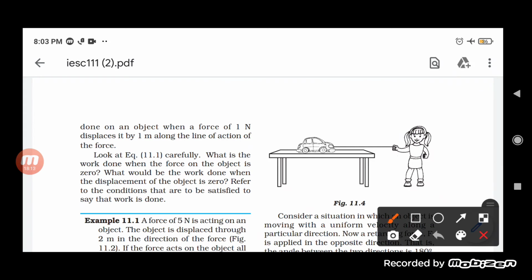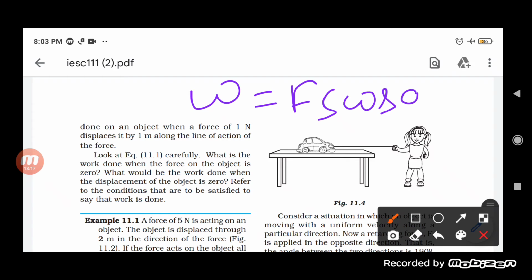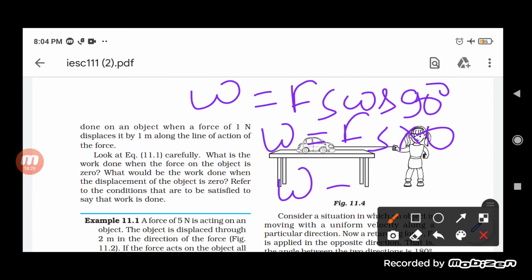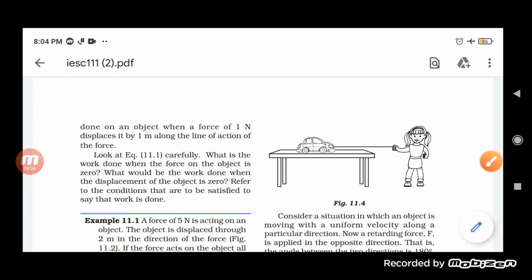So in that case W will be equal to Fs cos 90 degree. And we know that cos 90 degree is equal to 0. So W will be equal to Fs into 0, or W will be equal to 0. So in that case we can say that the work done will be equal to 0.